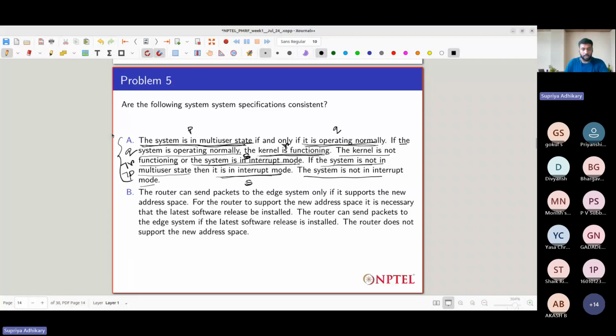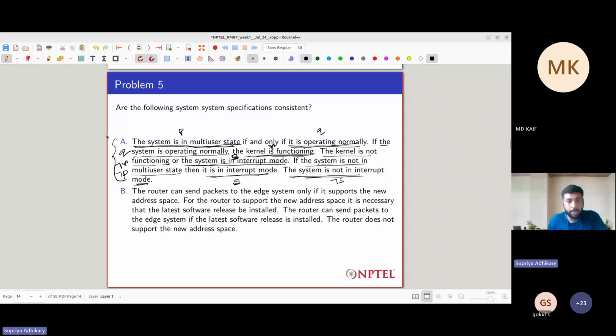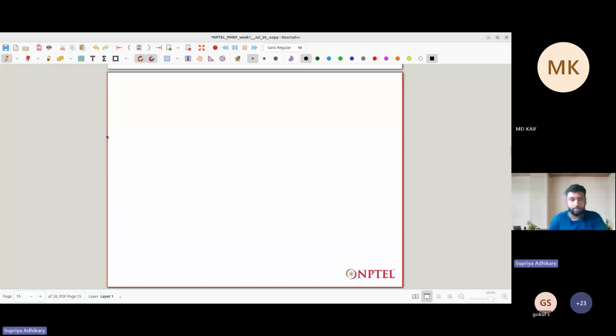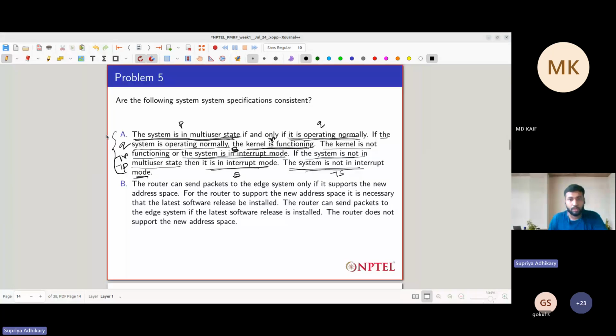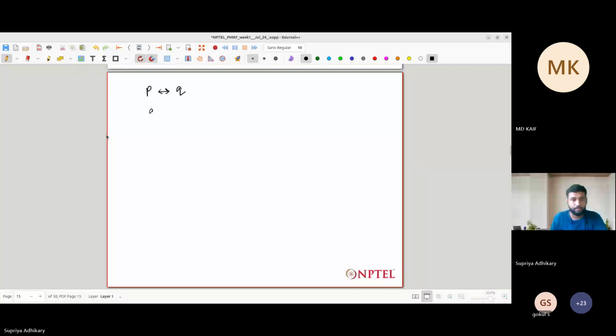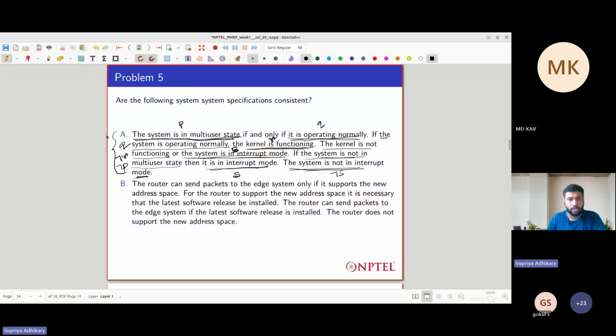So this is the conclusion that is given. Let's write it in terms of logical connectives. It has said that P if and only if Q. Now, if the system is operating normally, which is Q, the kernel is functioning. So Q implies R. The kernel is not functioning, or the system is in interrupt mode.